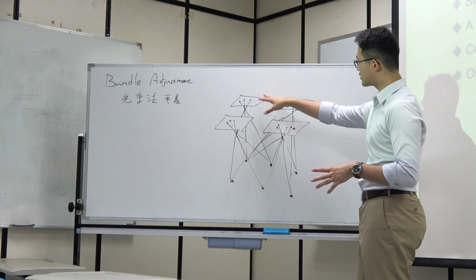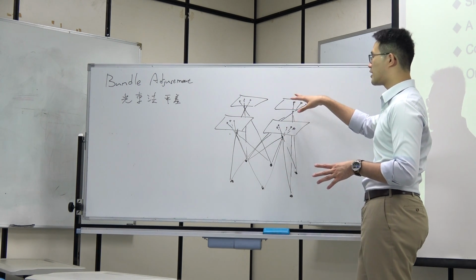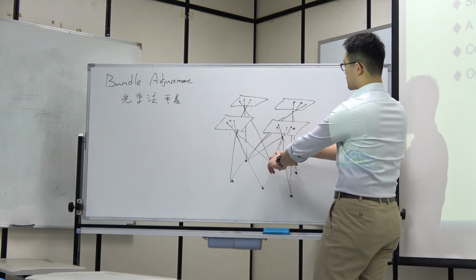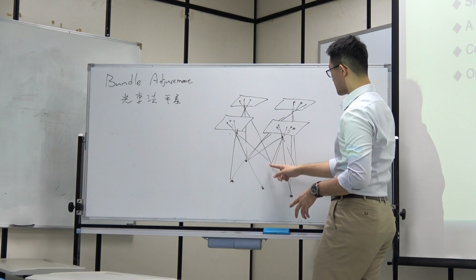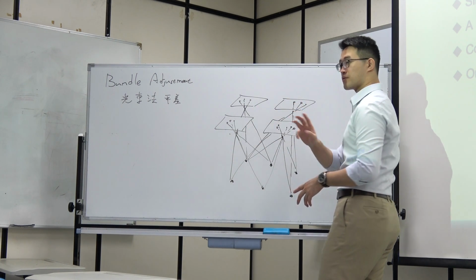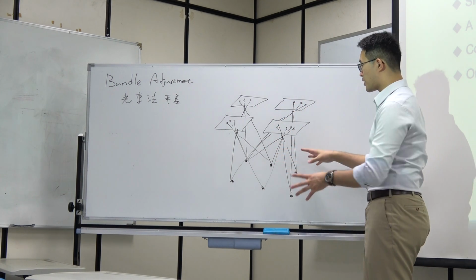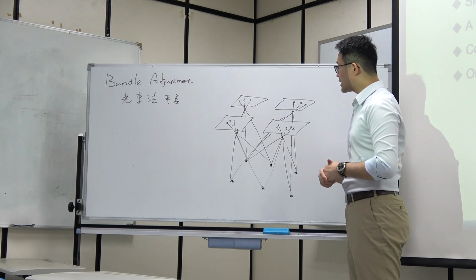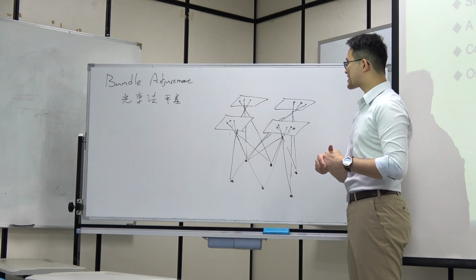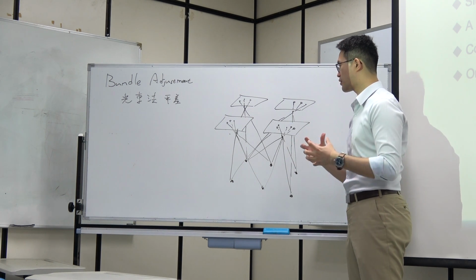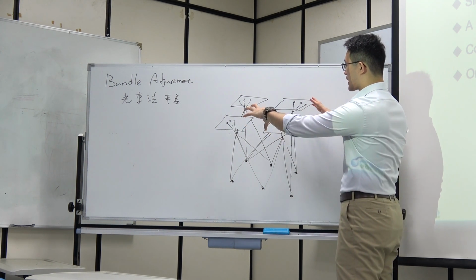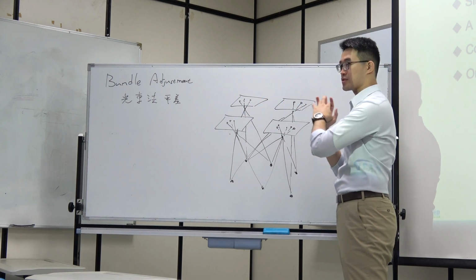When you are taking those highly overlapped images, those points will appear on different images, right? For example, this one appears on images 1, 2, 3, three images. So they will appear on multiple images, and they can serve as the control point information to connect those images together.